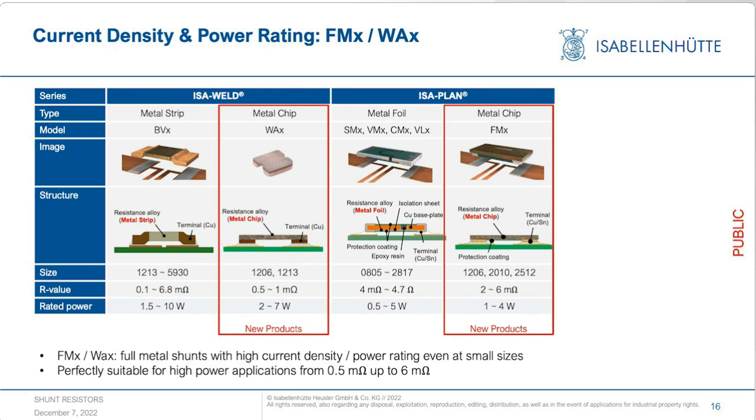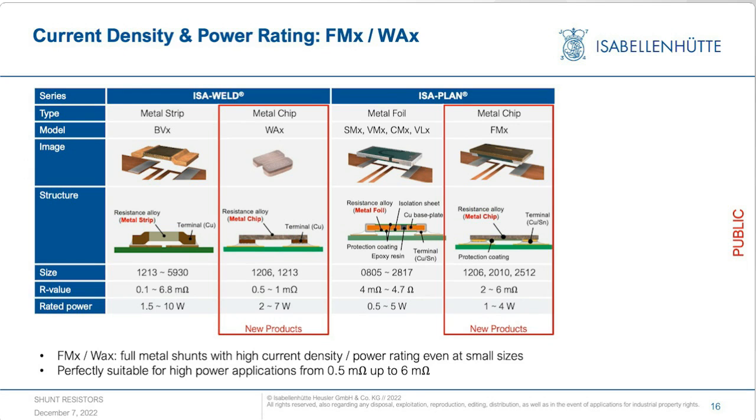In this comparison chart, you see well-introduced product lines in metal strip technology as well as in metal foil technology. And in the red circles, you see new products which complement these product lines for the resistance value of 0.5 milliohms to 6 milliohms.